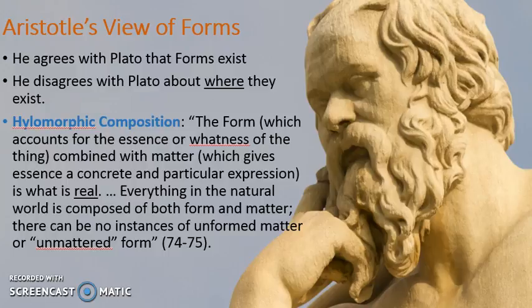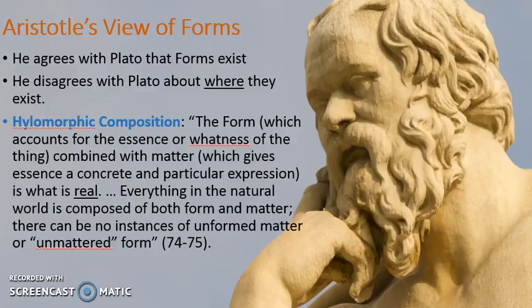He believes instead in hylomorphic composition, and this is a really complicated word that basically means that the form and the matter exist together. So the form, which is the essence of something, and the matter, which is the physical aspects of the thing, that's what's real.